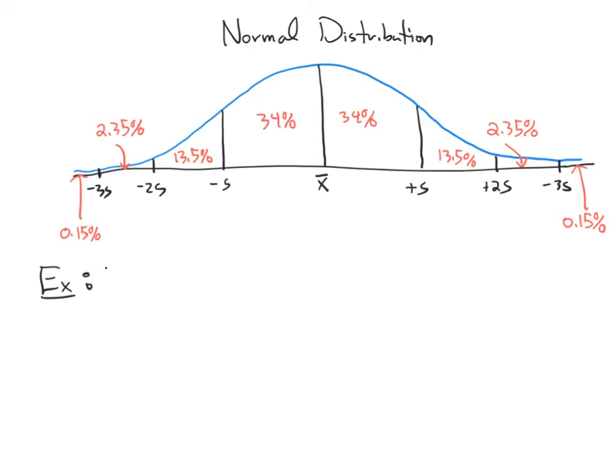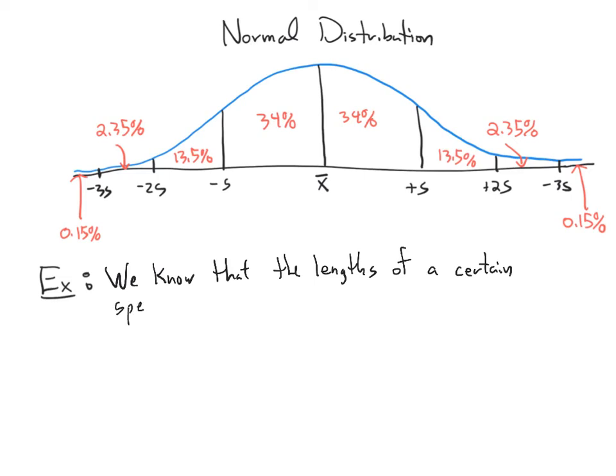So let's say that we know that the lengths of a certain species of fish is normally distributed. So once we see those words normally distributed, we know lots about this data set.